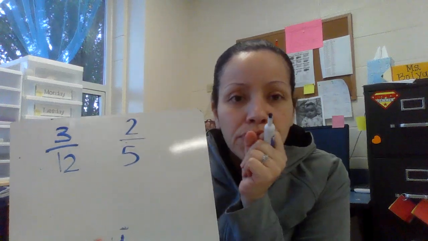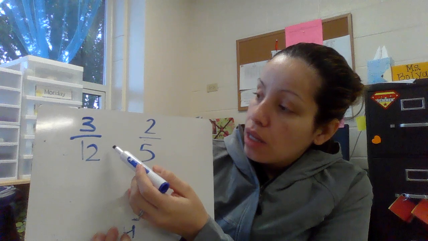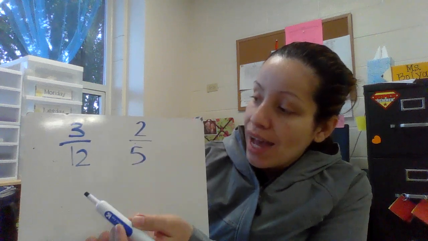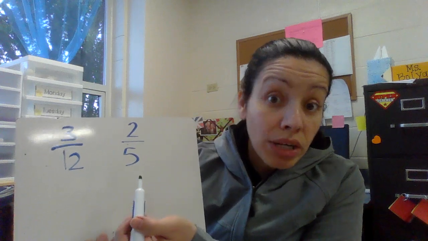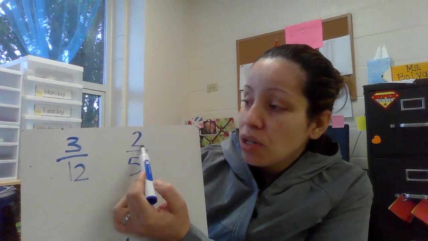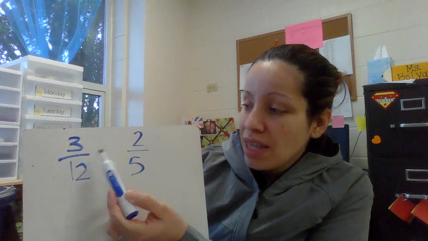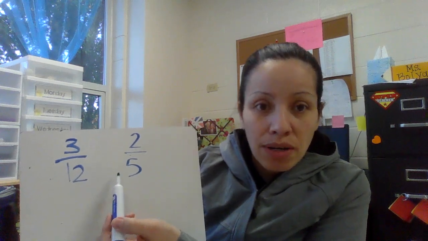Well, I can't really multiply or divide, which you can also do as long as it is by the same number. So if I divide this number to get 2, I can't really do anything here. That wouldn't work, okay? So I can tell just by that it's not going to work.